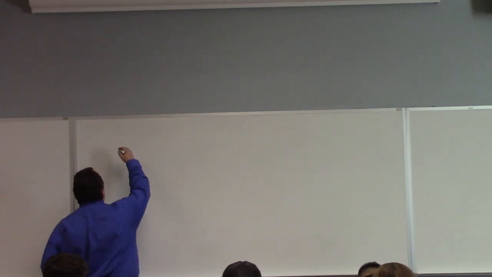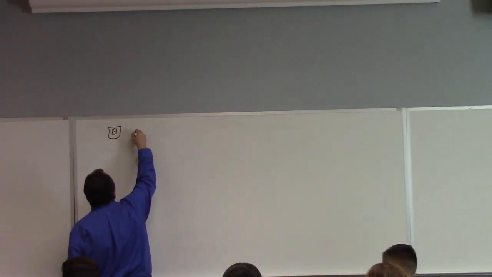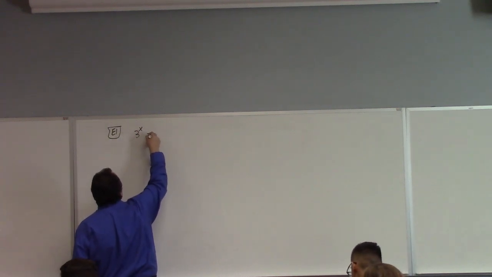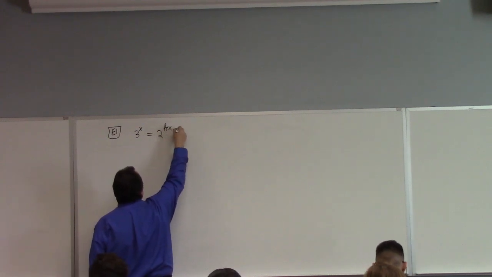I want to talk to you guys about how to solve problems that are kind of like the middle problem on that quiz. So, example 1. What if we have something like 3 to the x is equal to 2 to the kx minus 1?